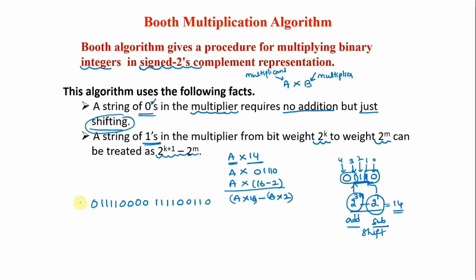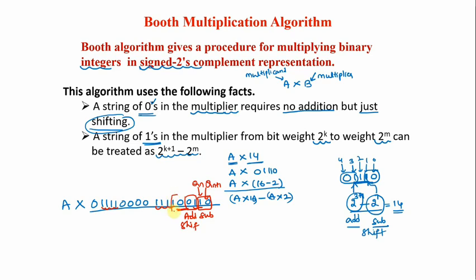The multiplication of a bigger number can be done by using strings of zeros and ones. Wherever strings of ones and strings of zeros are there, if the previous bit I call Qn plus 1 and the current bit I call Qn, then when the previous bit is 0 and the current bit is 1... when the previous bit is 1 and the current bit is 0, it requires a subtraction or addition accordingly, and the remaining times it requires only a shift.